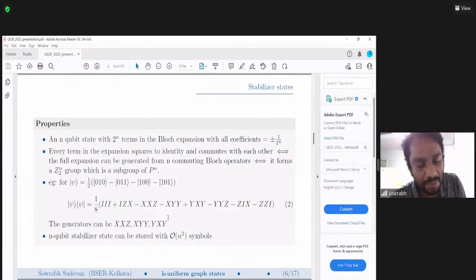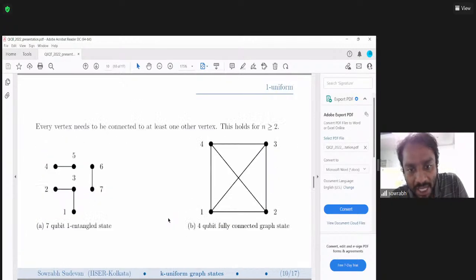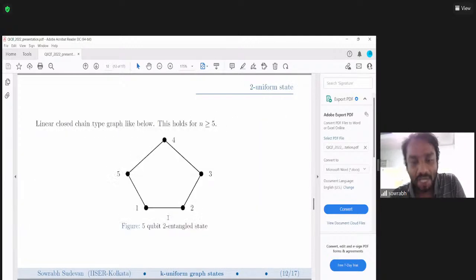And if I write down the Hamiltonian for which this is the ground state, that Hamiltonian is called a cluster Ising Hamiltonian, and that has some interesting topological properties, like symmetry protected topological states and so on.